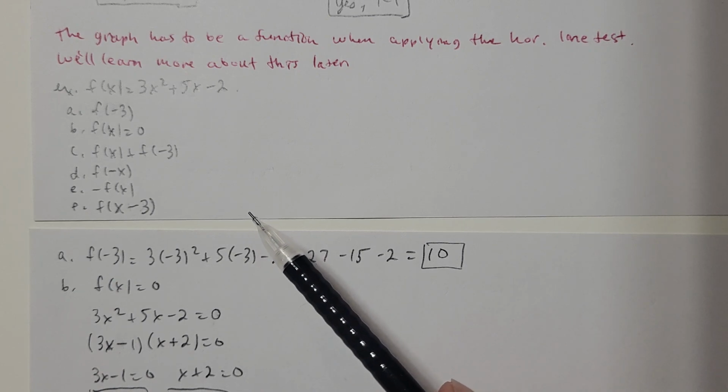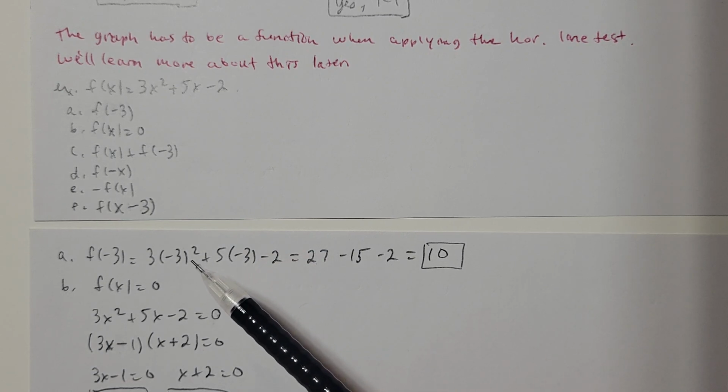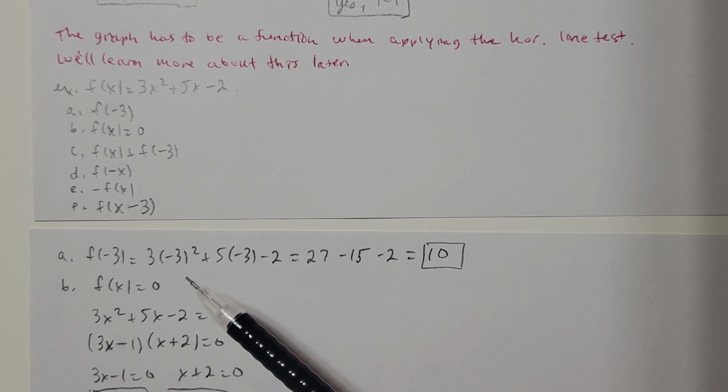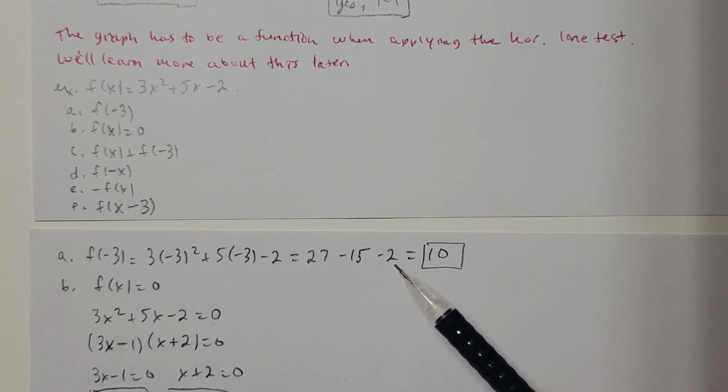When I replace x with negative 3, I want to make sure that I have parentheses around the negative 3, because negative 3 squared with the parentheses is 9. Negative 3 squared without the parentheses is negative 9. I get two different answers there. 27 minus 15 minus 2 gives me 10. So f of negative 3 is 10.